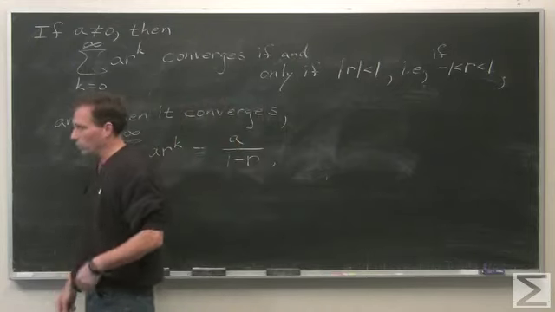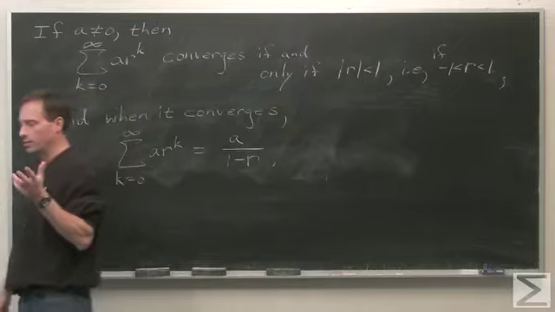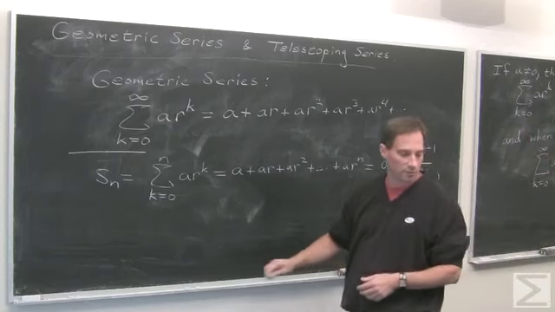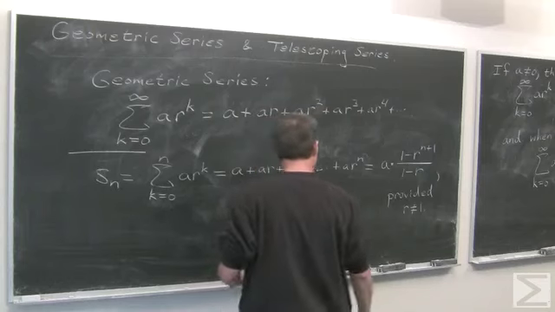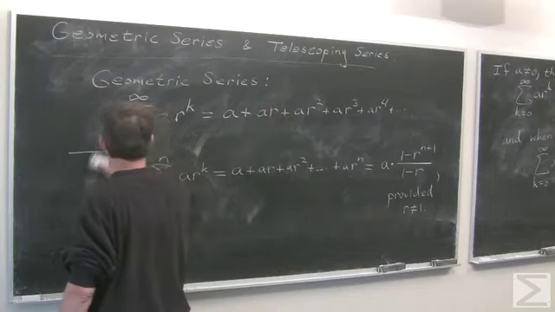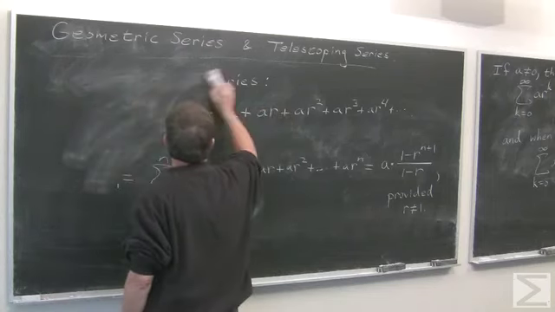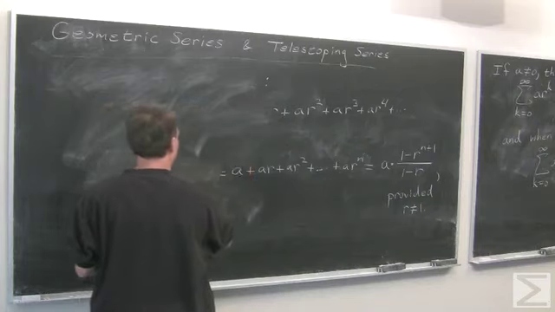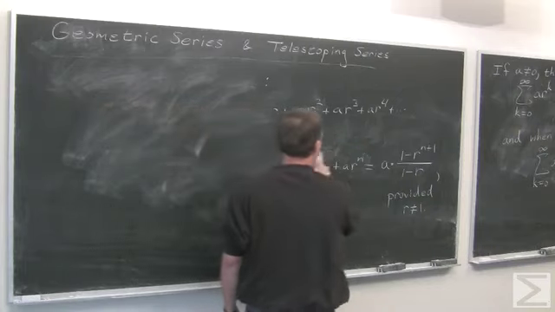Okay, so these are geometric series. They are absolutely fundamental. In fact, a lot of other series that we know converge, we know that they converge because we compare them with geometric series.